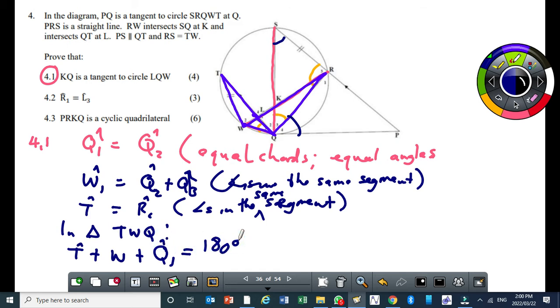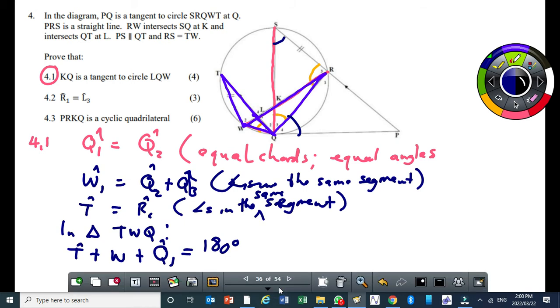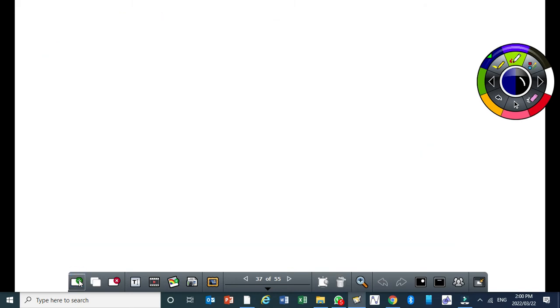Are you following that? Does this make sense? Right, let's substitute here and see what you get. So if I substitute, this W here is equal to W1 plus W2. Okay, so let me carry on to the next page.